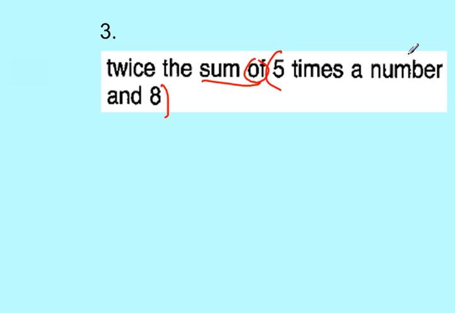Well, the number is n, so 5 times a number is going to be 5n. We need the sum of that and 8. So that's the sum of 5n and 8. That's 5n plus 8. And then we need to put our parentheses around it because we also need to take twice that. So it's twice (5n plus 8).